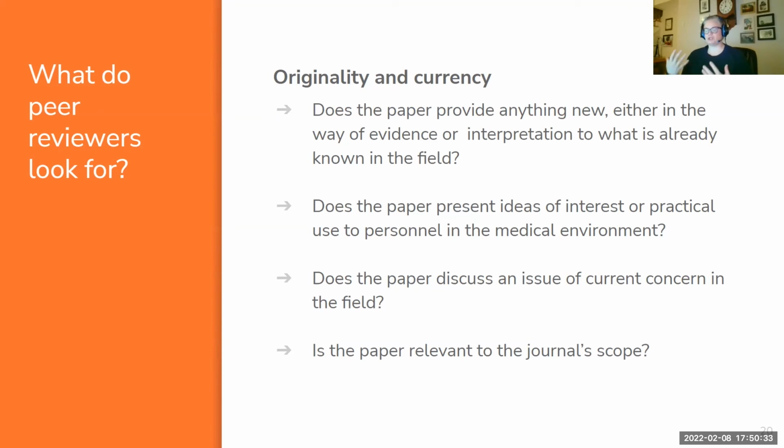So you want to make sure that your paper is providing something new. Now, by this, I don't mean something hugely revolutionary. It does not need to be groundbreaking. But essentially, you want to be able to look in your field and say, okay, this is what's known, and this adds even a small fraction of advancement or help or a new interpretation of what's already known in your field.